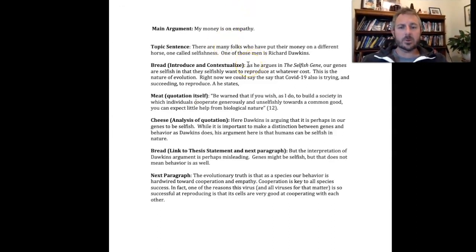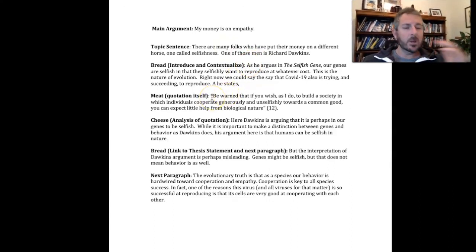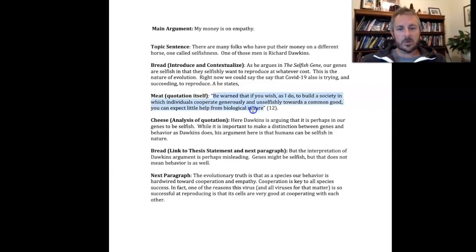You need to introduce the quotation, right? You've compiled your research, you've found a quotation that you want to use, but you need to introduce it, right? So here's your quotation. And the way you introduce it is you introduce the author, you say the author's name, you say the article, book, film, or TED Talk, or whatever it happens to be that the quotation comes from.